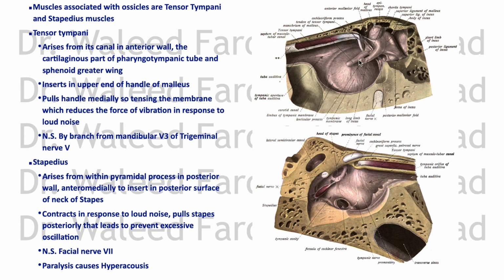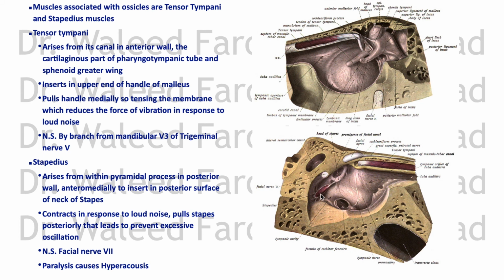This is the beginning of the transport of the mechanical impulse, and this is the end of the mechanical impulse here in the middle ear, by the stapes. There is a muscle, the stapedius, inserted into the posterior end of the neck of the stapes.